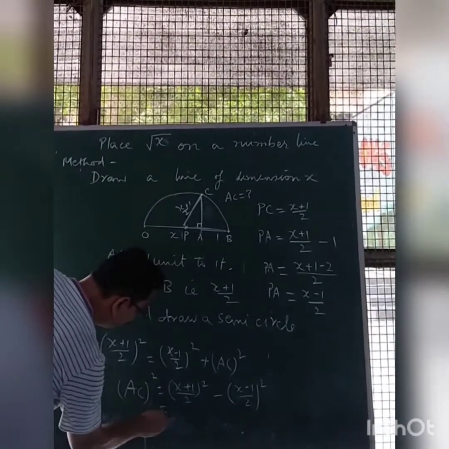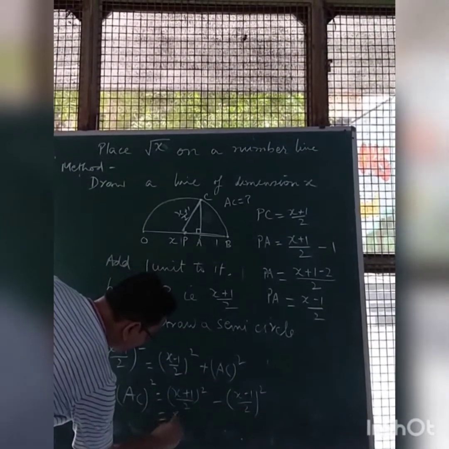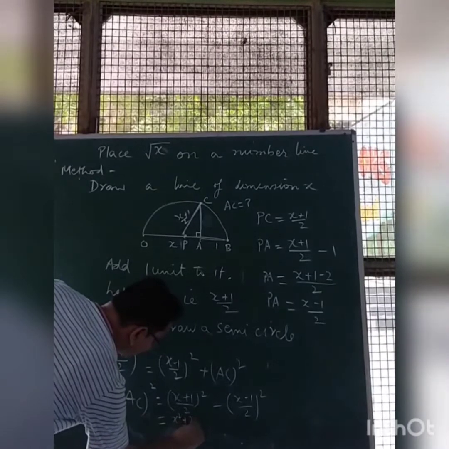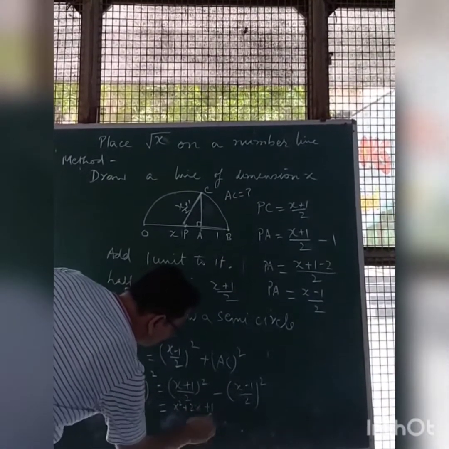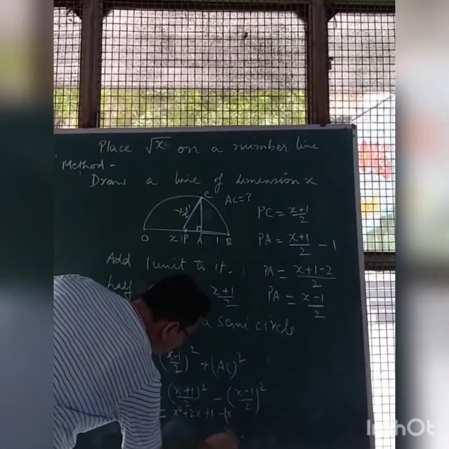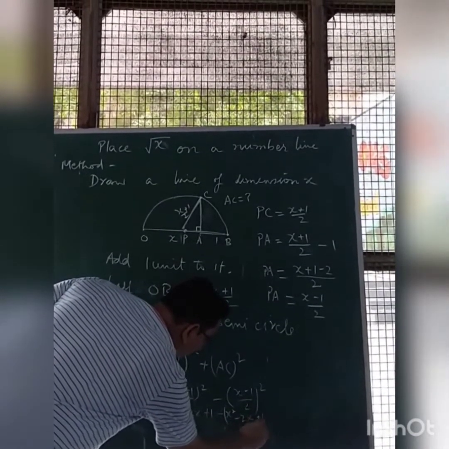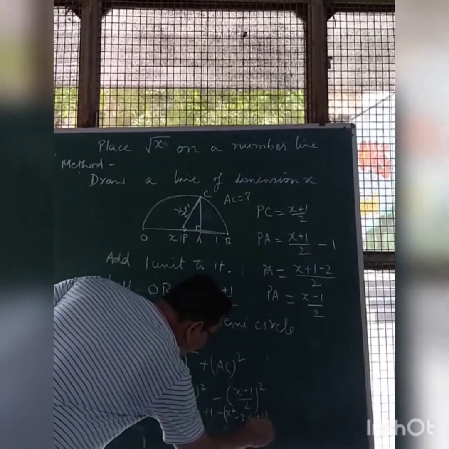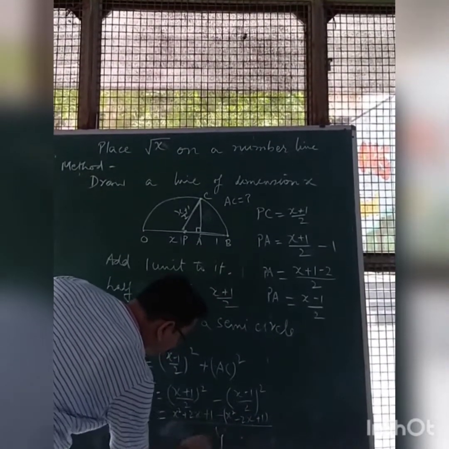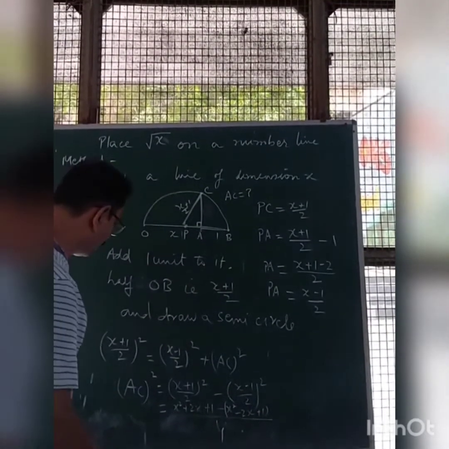Now this becomes x square plus 2x plus 1 minus x square minus 2x plus 1, by 4, because 2 whole square becomes 4.